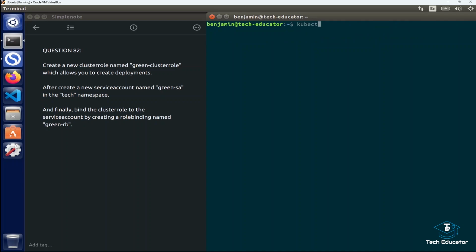And let's now create the service account. And that's also done. We now create the role binding.